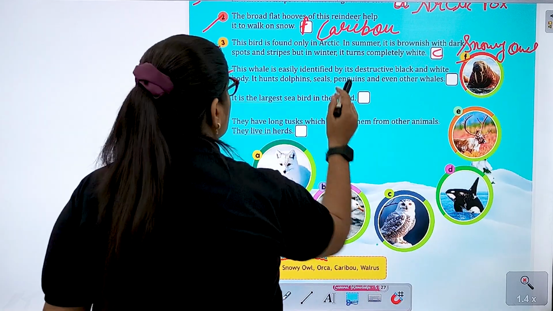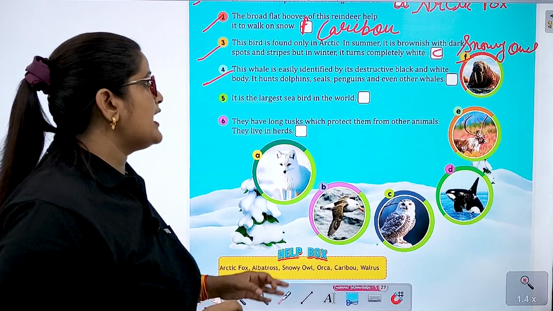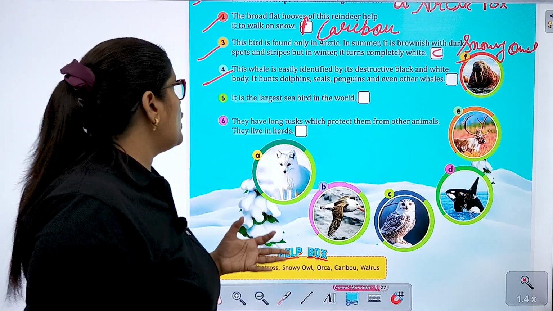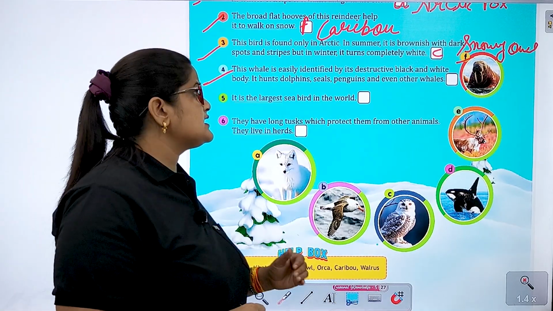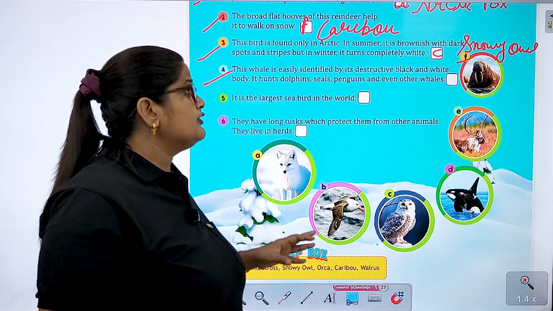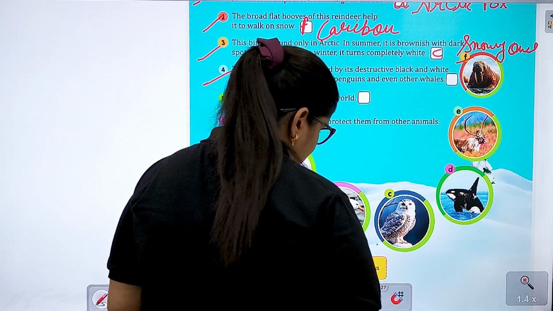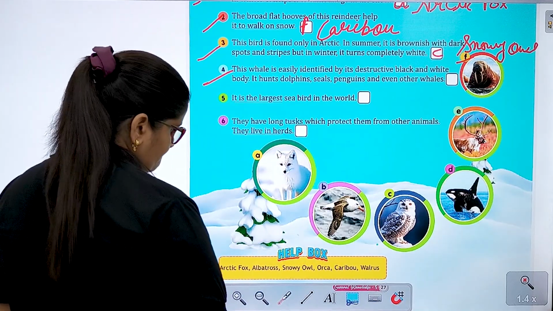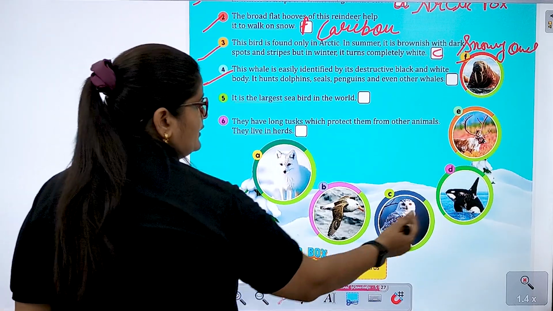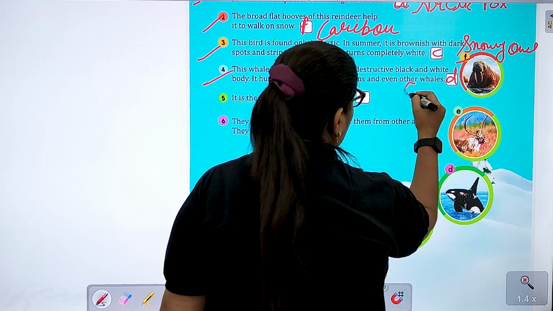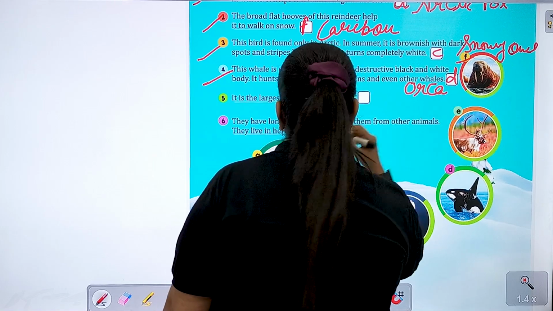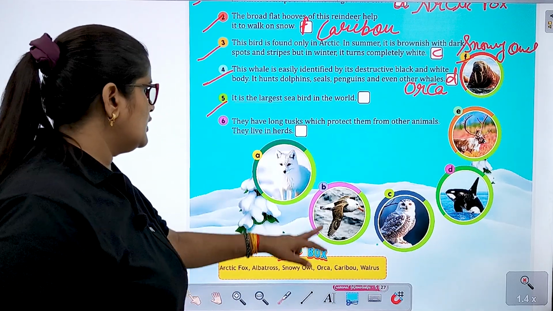Snowy owl. This one is easily identified by its distinctive black and white body. It hunts dolphins, seals, penguins, and even other whales. So, option D, and it is an orca. It is the largest seabird in the world.